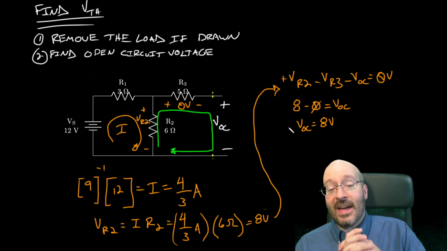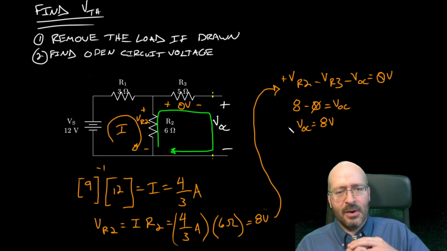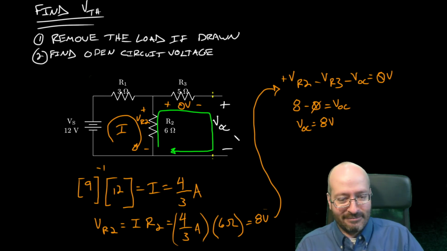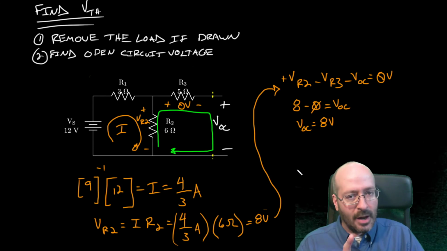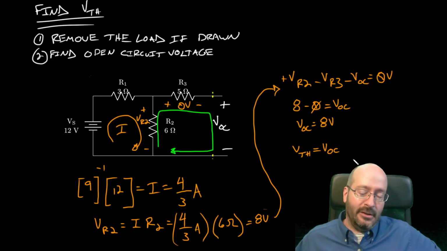Okay, so now that open circuit voltage is related to Thevenin with the most complicated formula that we're going to have all semester. So get ready for this. You can handle this, I promise you. Thevenin is equal to V open circuit. All right, I lied.